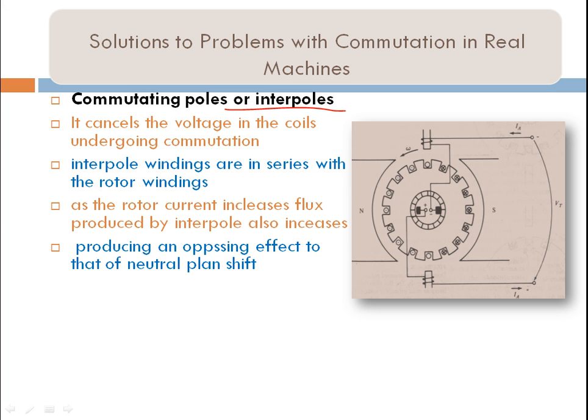Commutating poles or interpoles cancel the voltage in the coils undergoing commutation. Interpole windings are in series with the rotor winding. As the rotor current increases, the fluxes produced by the interpoles also increase, producing an opposing effect to that of the neutral plane shift.